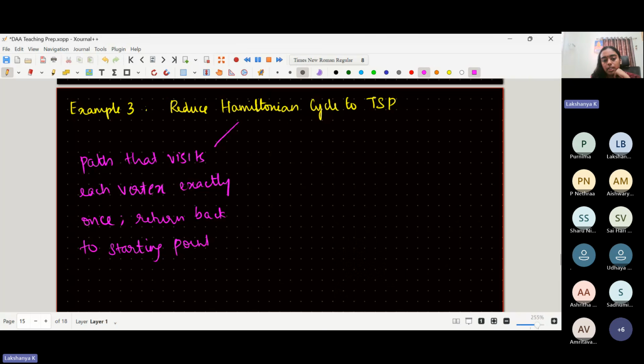That's Hamiltonian cycle. And TSP, of course, you have a bunch of cities. They're all connected to each other. In this example, we will assume it's a fully connected graph for simplicity.